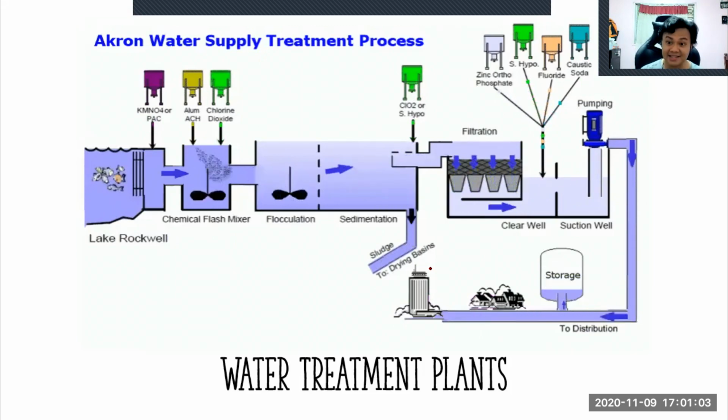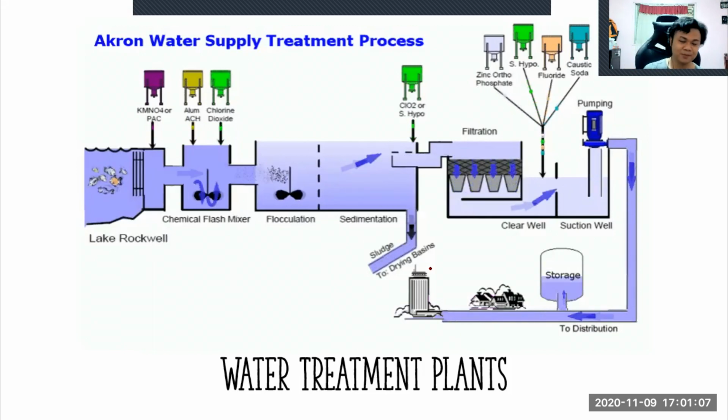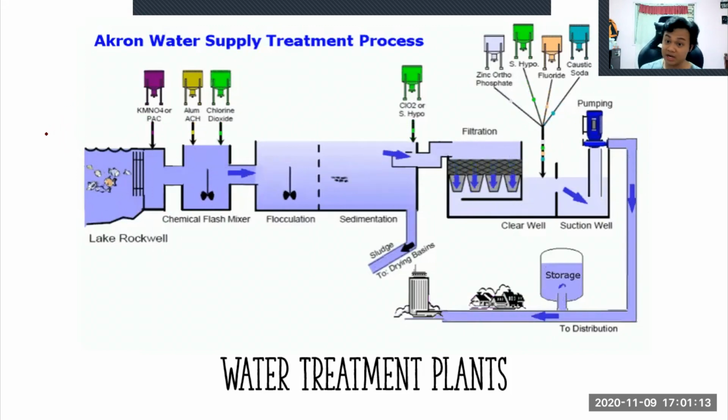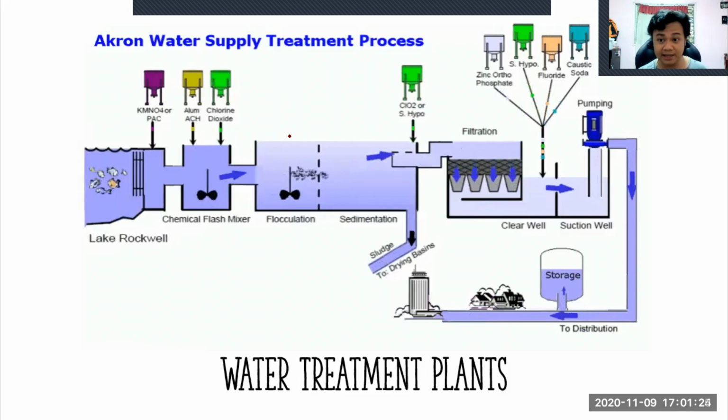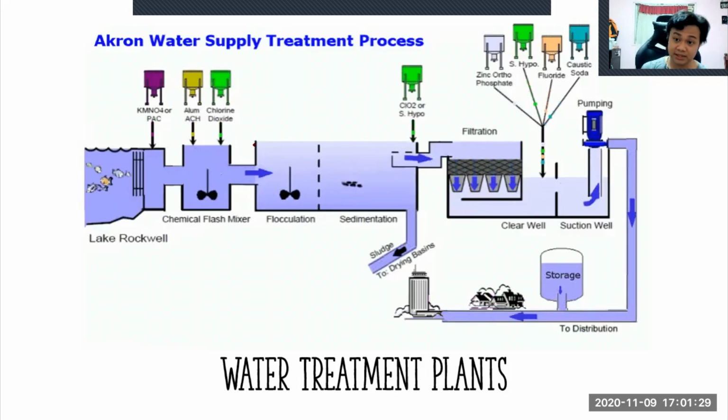So what happens in Rio Verde, or in a water treatment plant? I have seen it, and their water comes from the Bubunawan River. The water is not really clean, because it is being used for farm purposes, for irrigation.